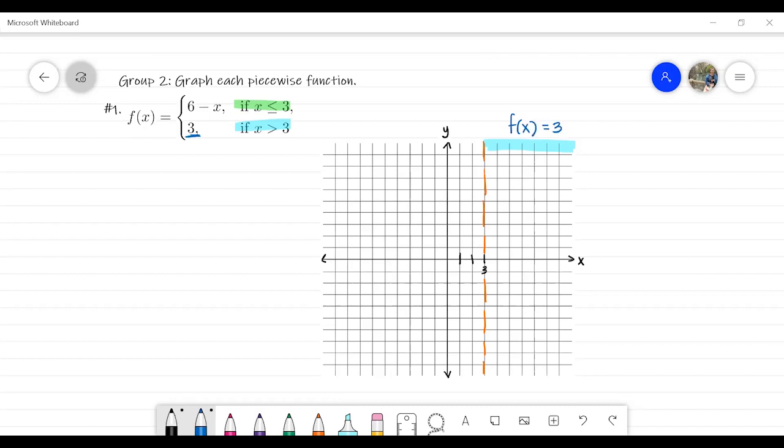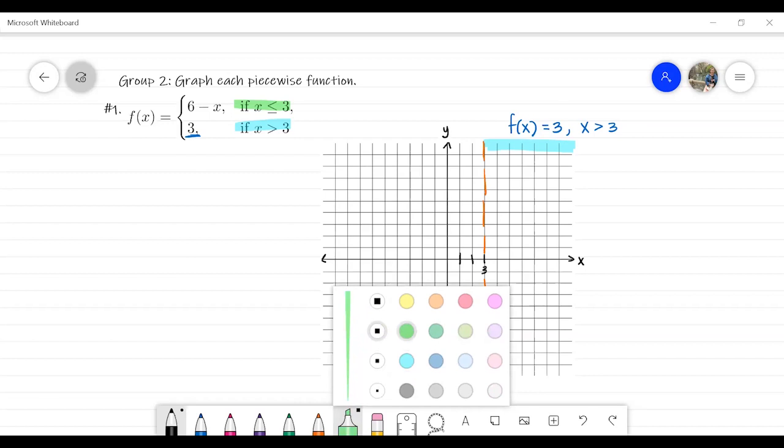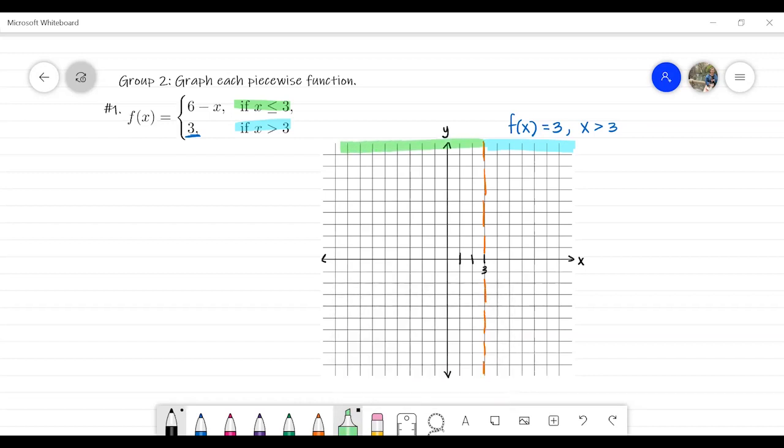That's this right here, right? Where x is greater than 3. And then to the left of this, over here, right, we're graphing f of x is equal to 6 minus x, where x is less than or equal to 3. So that orange line is the cutoff.